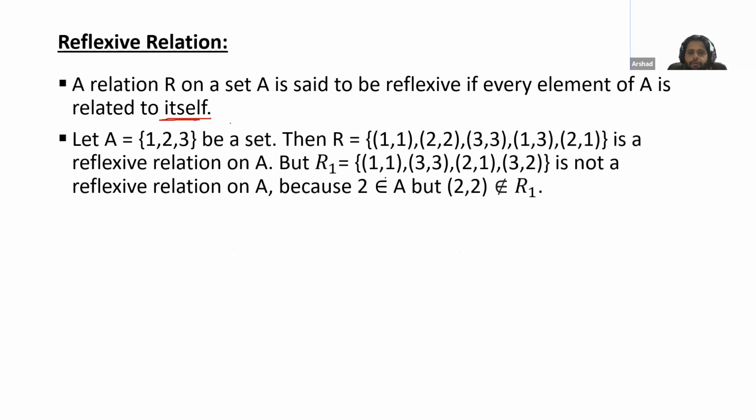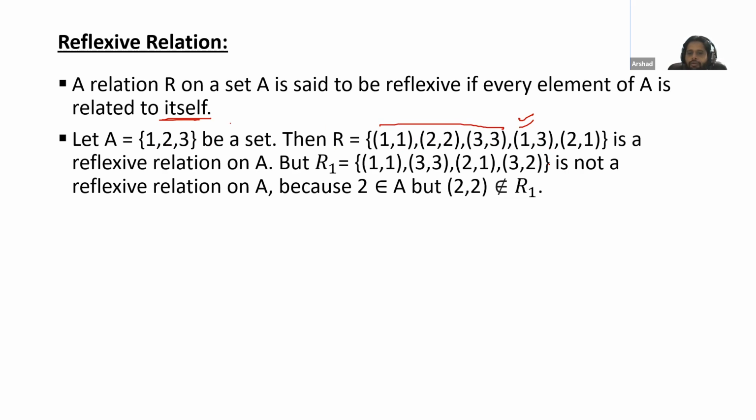Now for example, suppose we have this set, then this relation is a reflexive relation. Why? Because these elements are related to itself. In set A, you have three elements, and these three are related to itself. Other than this, you can have any ordered pair in case of reflexive relation. But for identity, you don't have any other ordered pair except these.